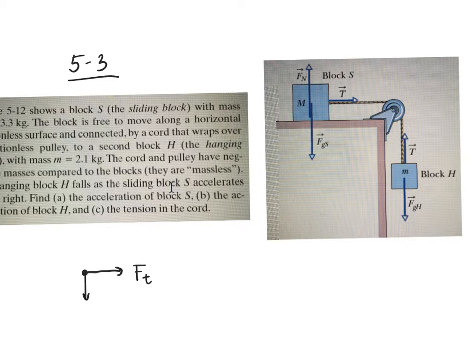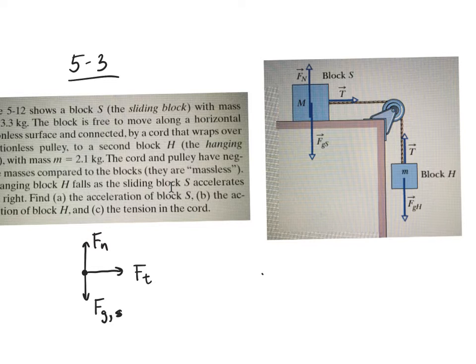I'm then going to write the weight, or FG, and they're calling this FGS for block S, and that's fine. And then FN acting up. If there was another block on another surface, I would have called that FN1 or FNS, meaning the normal force on block S. But because the other block does not have a normal force, we don't have to worry about naming FN with 1 or 2.